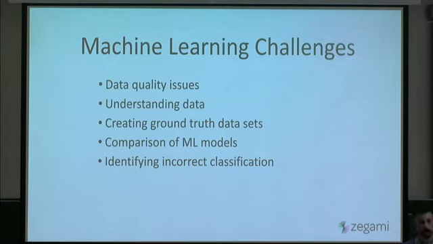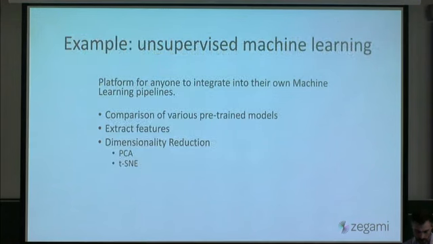The other challenge is that once you have a trained model, how do you identify if you are getting incorrect classifications? I've got a couple of examples of that that we were playing around with. One is a bunch of hearts, working with researchers up at the John Radcliffe Hospital in Oxford, where we're using unsupervised machine learning techniques to compare diseased and control states, and to see how effective that unsupervised learning is.